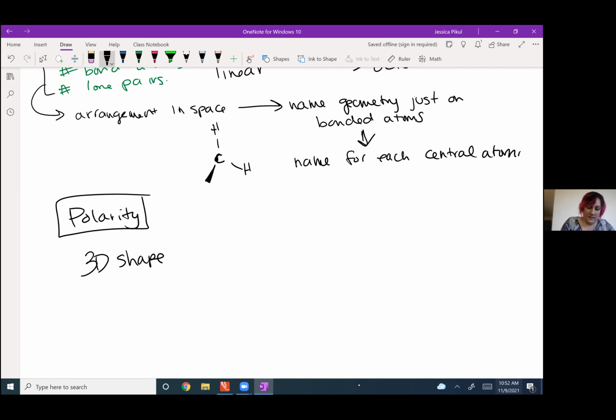If you had 4 things around a central atom, they would all be 109 degrees apart. We use these wedges and dashes as a shorthand for drawing in 3 dimensions because most of us are terrible artists. A solid wedge is coming out of the board or the paper, and a dashed one is going back into the paper.